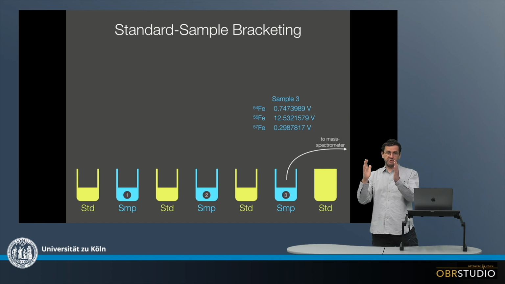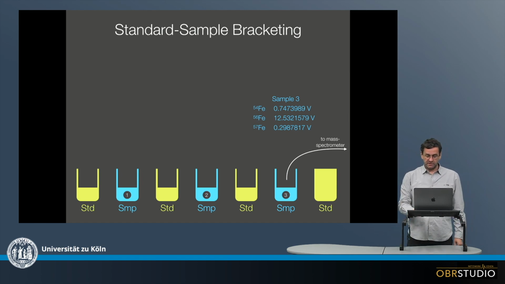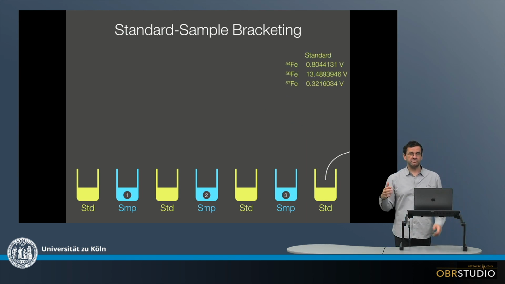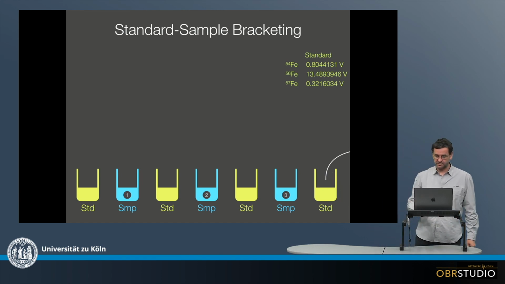Each blue sample is in between the 2 yellow standards. So the last standard is measured, the last result is produced here, and this is how the analytical part of the sample standard bracketing works.